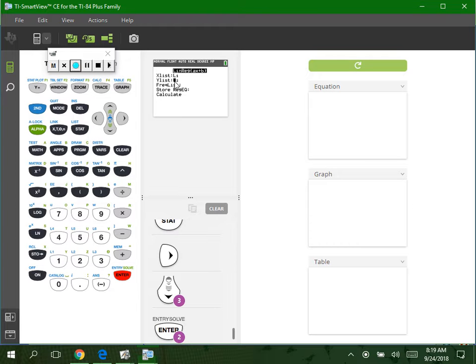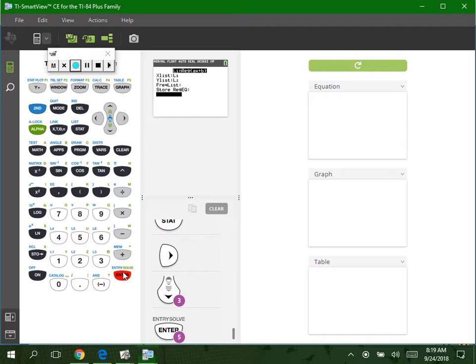Okay, so I'm going to hit enter, enter, enter, and then I'm going to hit calculate. So ladies and gentlemen, what did it do for us? It wrote the equation of the line.